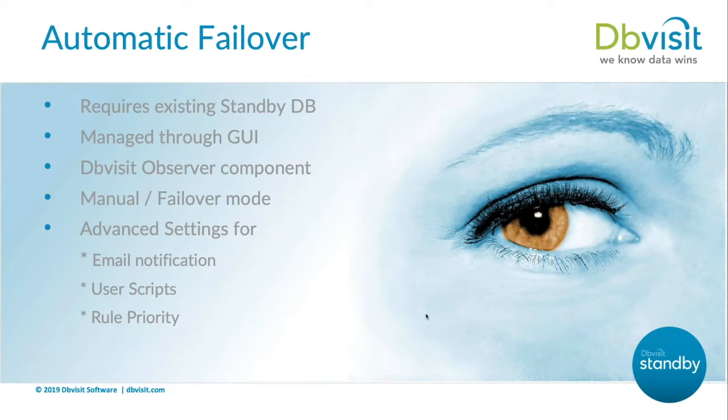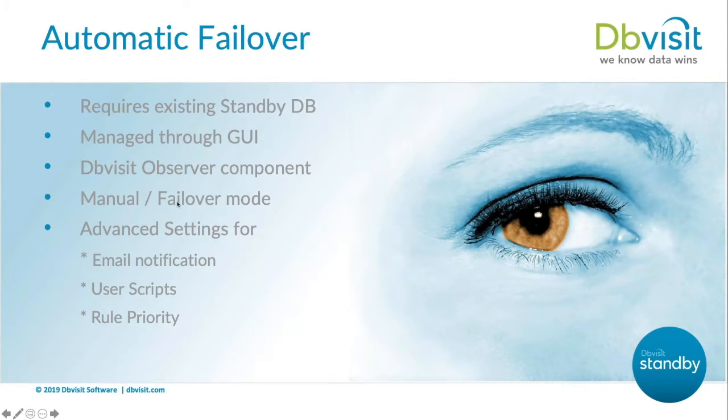So it is an awesome tool to help you, so you don't have to go and actually push the button to say activate now, but it will do this based on the rules for you, so bringing in the automatic failover capability.